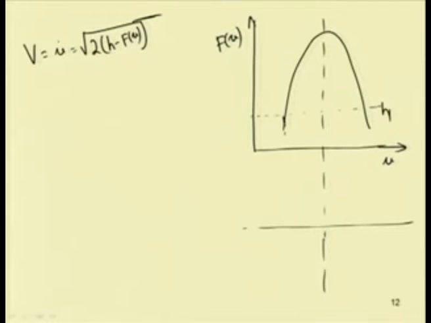Corresponding to this point we can have, so this is V and this is u. Let us take this point.